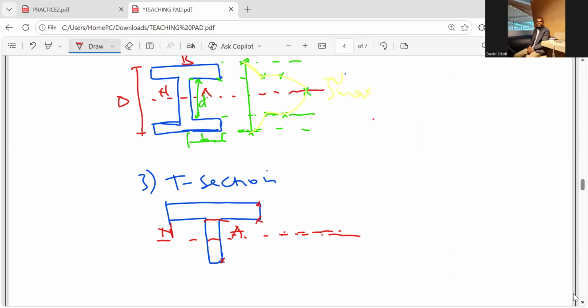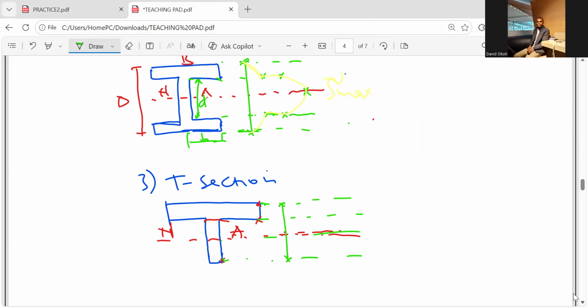So what is going to happen? Just like we had in the I section, the extreme top and bottom will have values of shear stress as zero. So you find this point will be 0. 0 means I plot on this vertical line, and also this lower point will be 0.